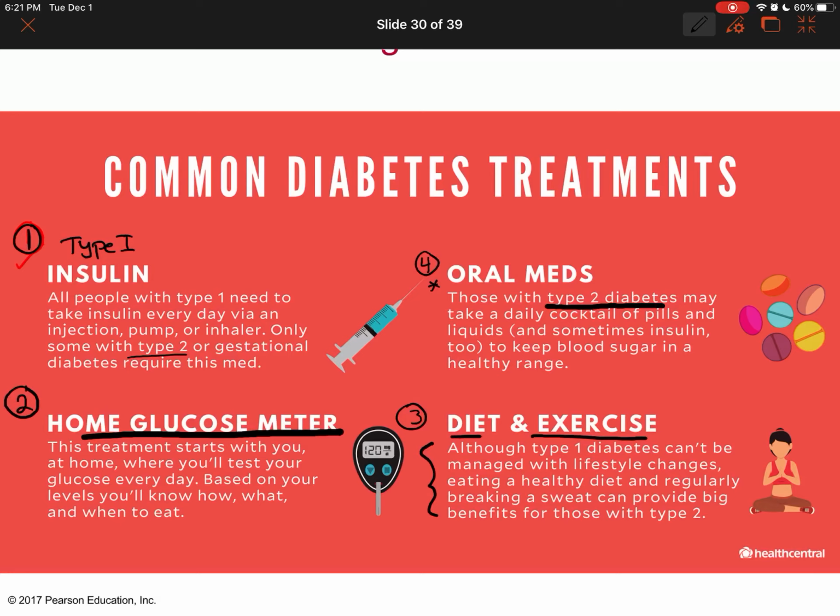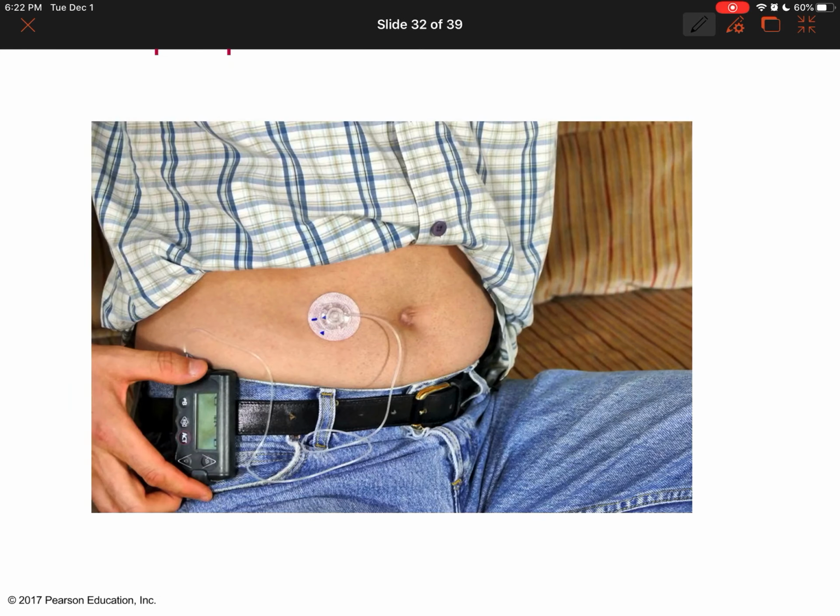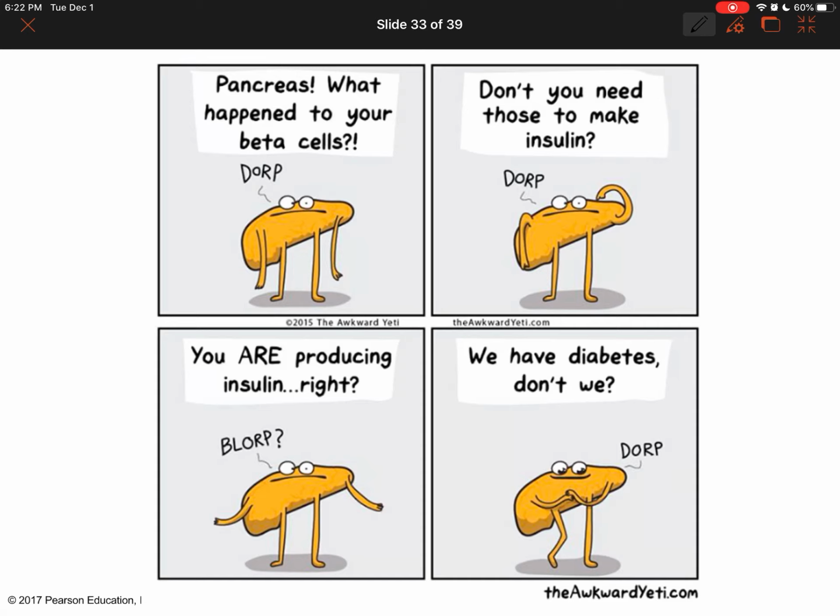If you are obese, which is linked with type 2 diabetes, diet, exercise, and your textbook also goes on to describe bariatric surgery, which is to staple the stomach or to limit the size of the stomach.